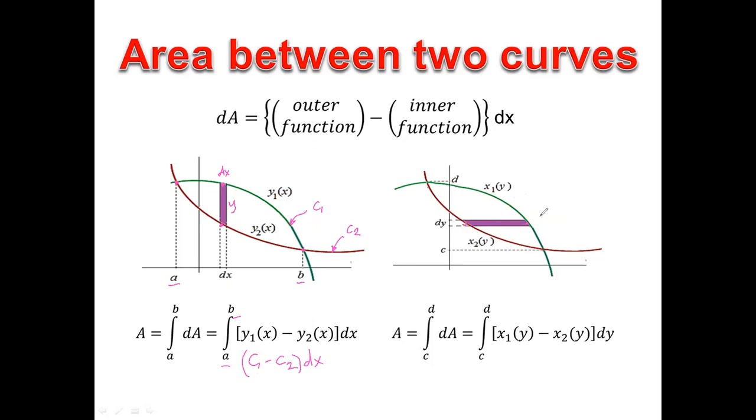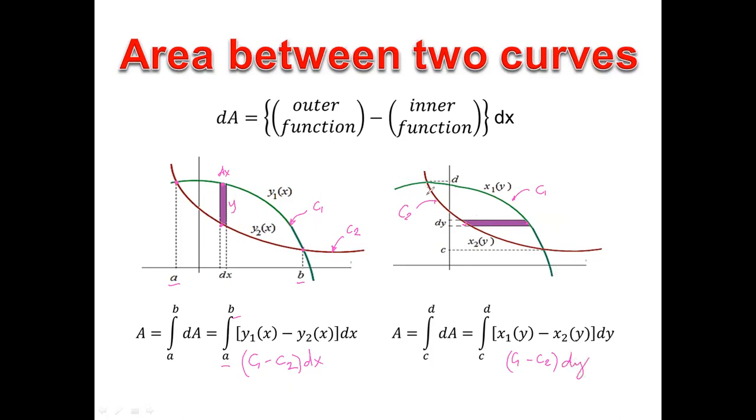So in this case, if this is your curve 1 again, and this is your curve 2, then you will have the x of curve 1 minus the x of curve 2, this time as the width of this differential area. Its length will be dy.